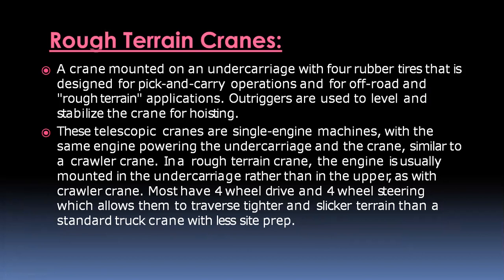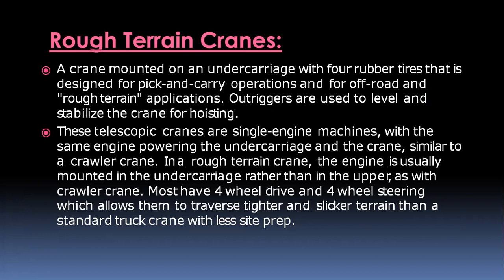Rough terrain cranes. A crane mounted on an undercarriage with four rubber tires that is designed for pick and carry operations and for off-road and rough terrain applications. The outriggers are used to level and stabilize the crane for hoisting. These telescopic cranes are single engine machines with the same engine powering the undercarriage and the crane, similarly to a crawler crane.